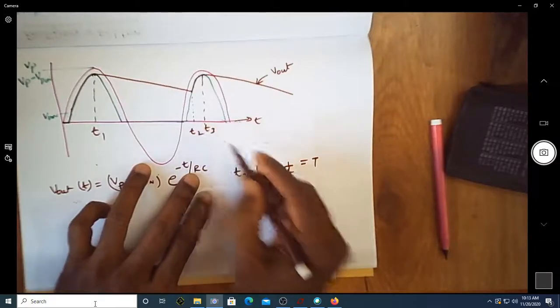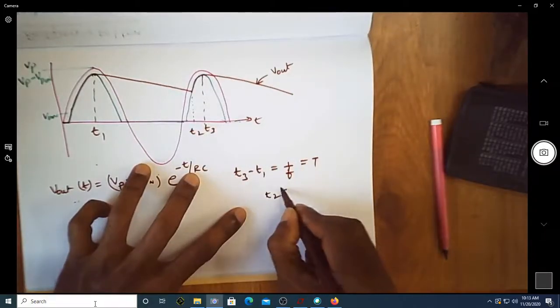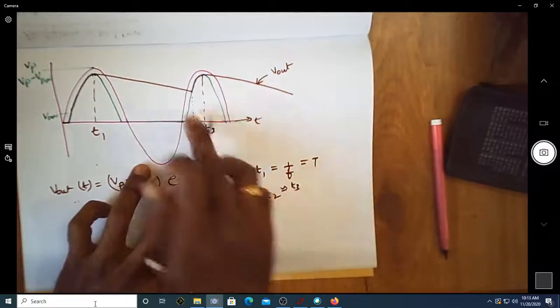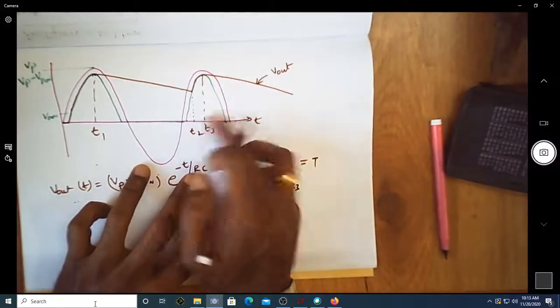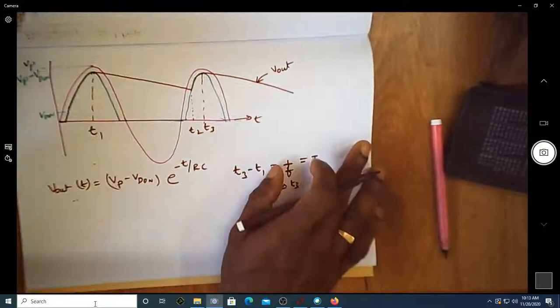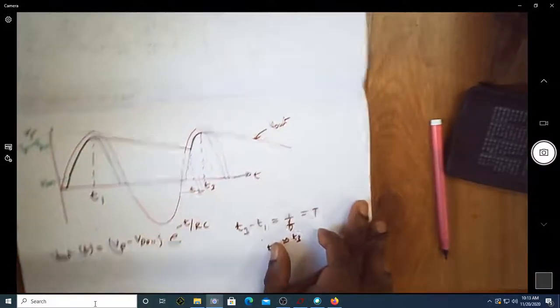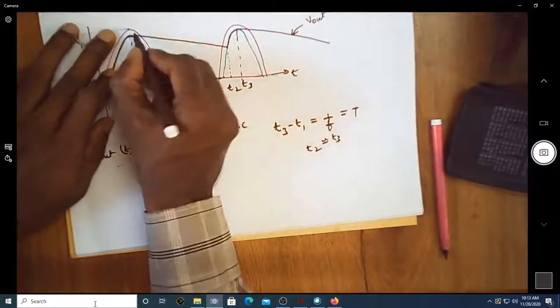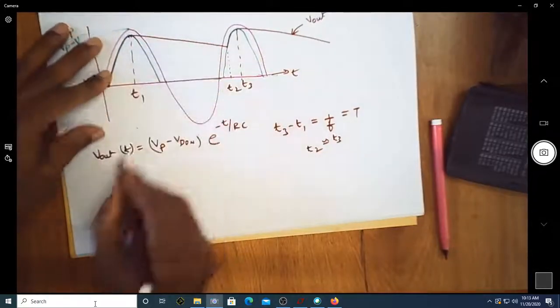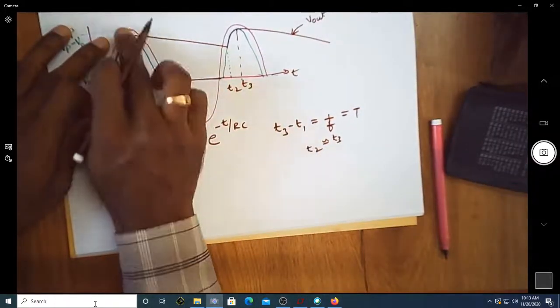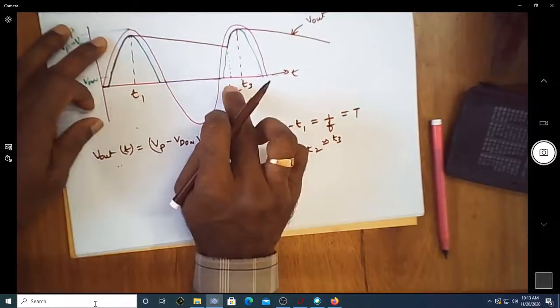So you can still consider T2 as almost equal to T3 because these two are very close to each other. What we want to know is the voltage difference between V out when T is equal to T1 and V out when T is equal to T2.